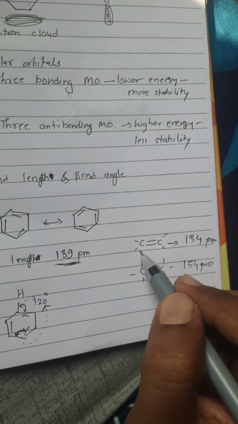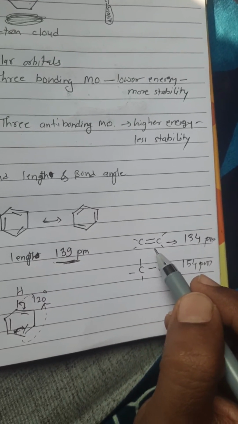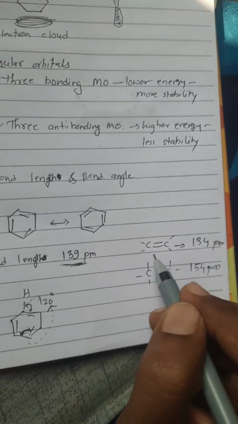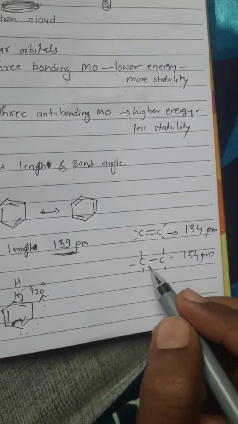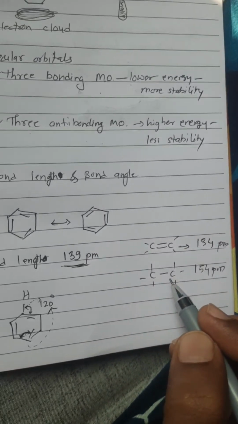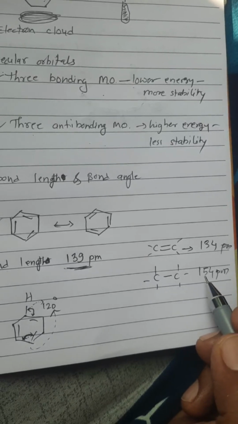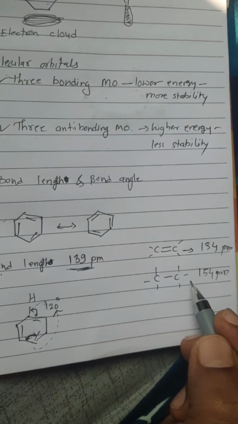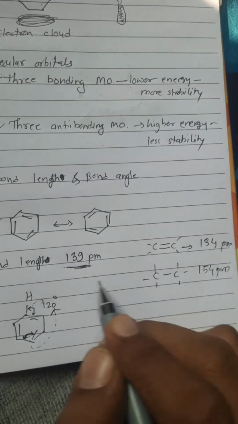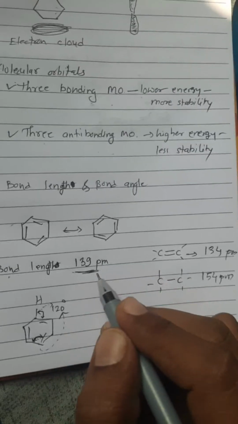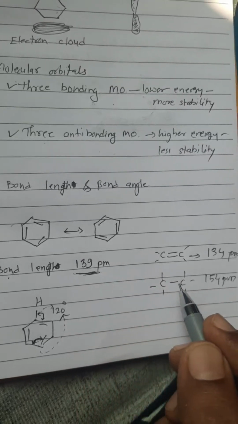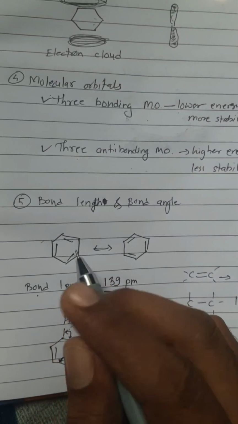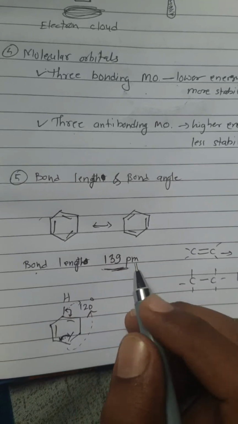Generally, the carbon-carbon double bond in alkenes is 134 pm, so it is higher than a double bond, and the carbon-carbon single bond length is 154 pm in sp3 hybridized carbon, so it is less than a single bond. So these are hybrid bonds between the double and single bond, and the bond length of all the carbons is the same, that is 139 pm.